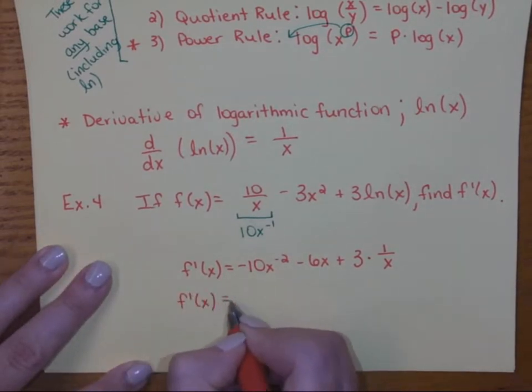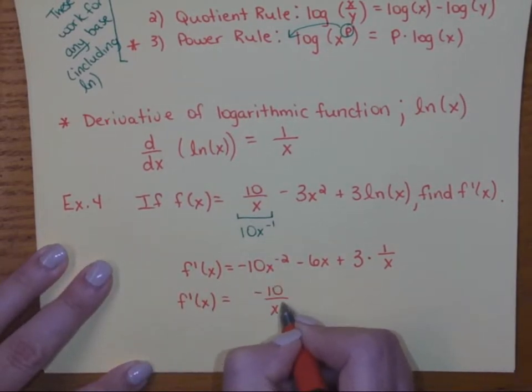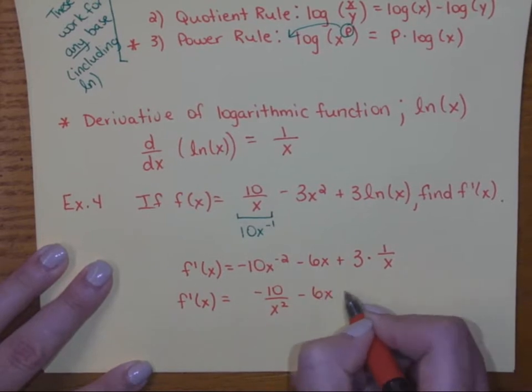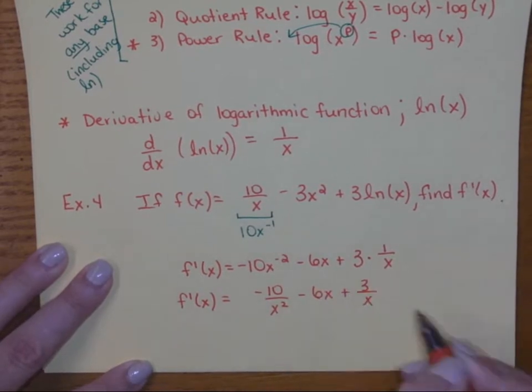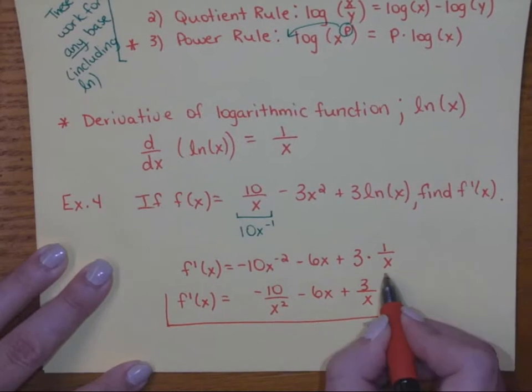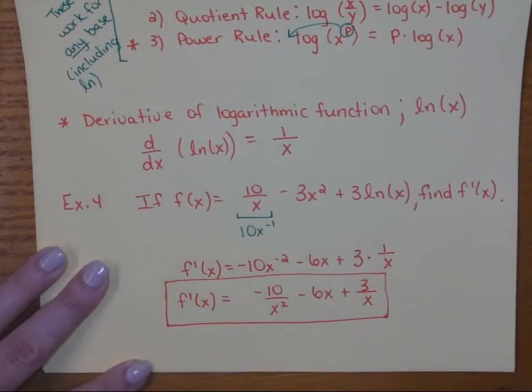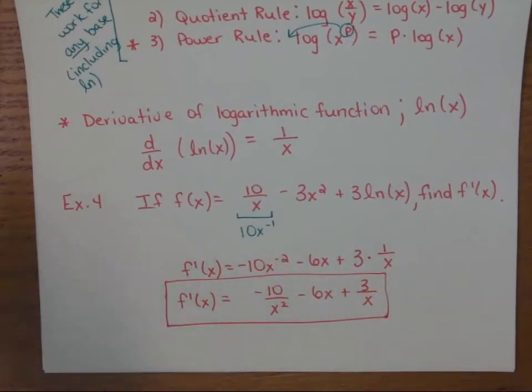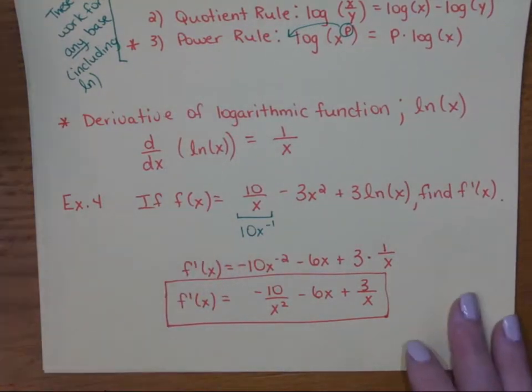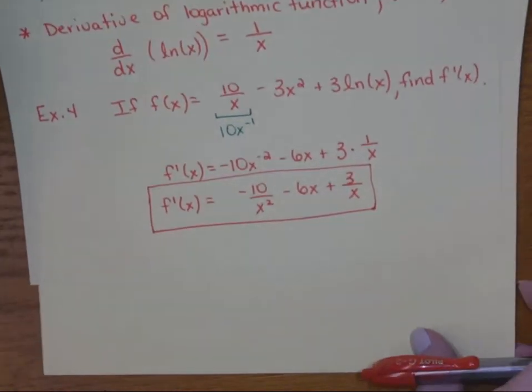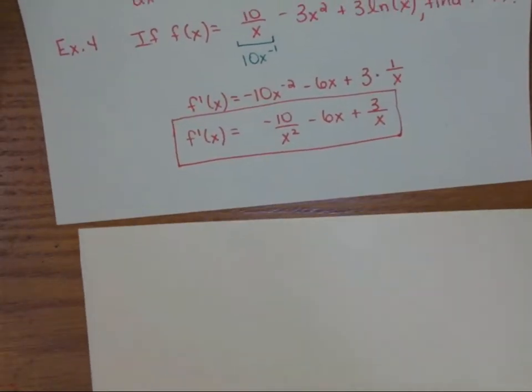So simplified up, we get negative 10 over x squared minus 6x plus 3 over x. If you wanted to change the order that you listed these in, that would be okay, but it's not necessary really. Okay, so the derivative of ln of x is always just 1 over x.